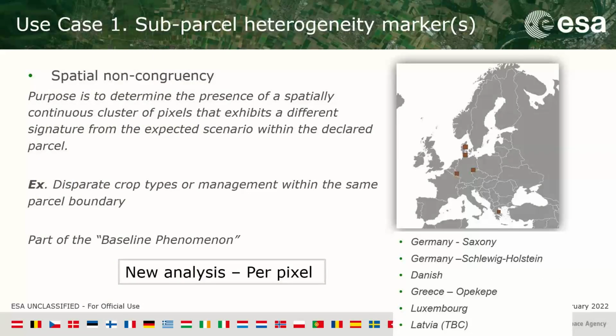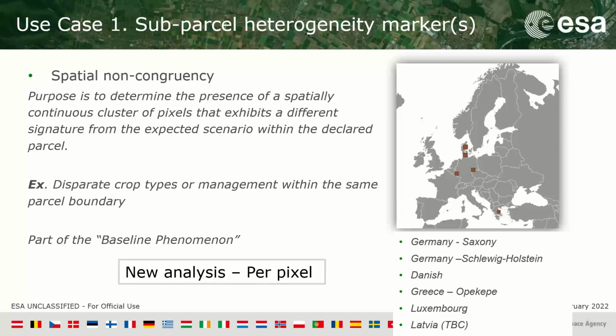So the first use case is about the sub-parcels heterogeneity. So we will be developing markers to detect some spatial non-congruency within parcels. So the definition is to determine the presence of spatially continuous cluster of pixels that exhibit a different signature from the expected scenario within the declared parcel.